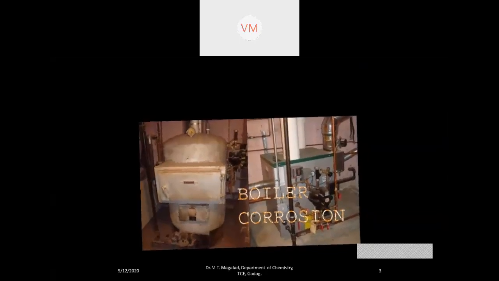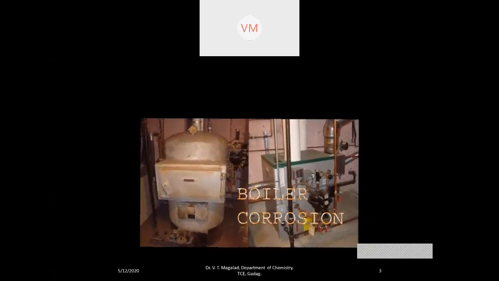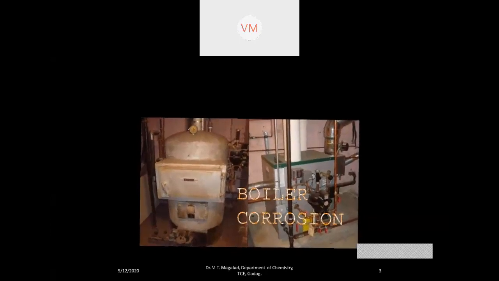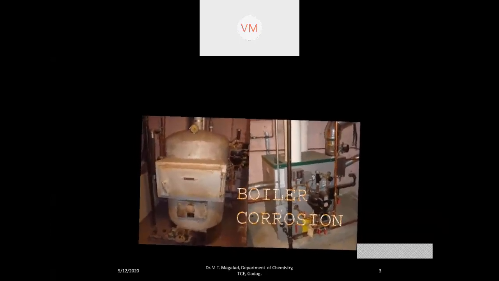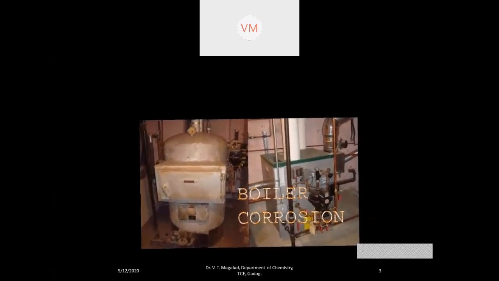Boilers are an essential integral part of industries. Water is often used there to form steam. If a boiler is going to be corroded, what are the possible reasons? That is what we are going to understand.